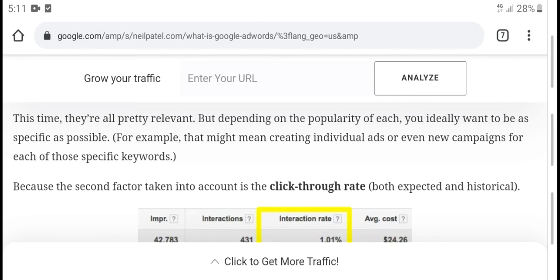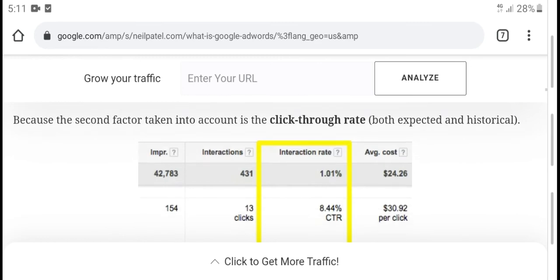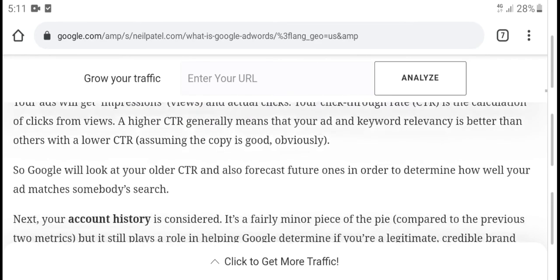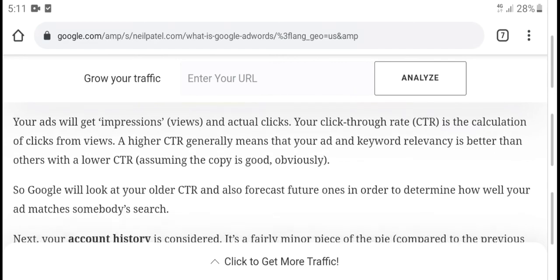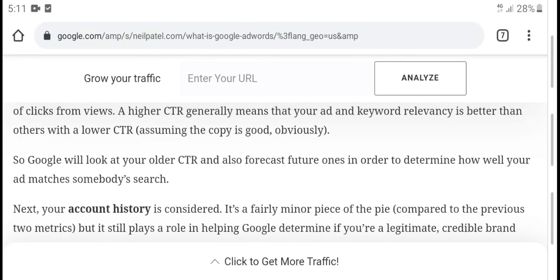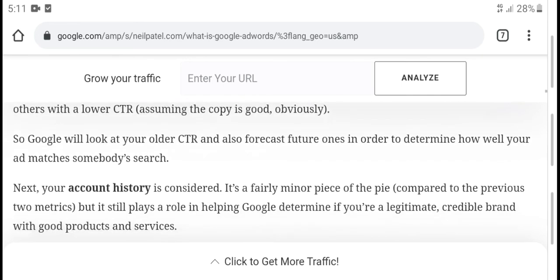For example, make main created individual ads of every basic sound and factor into account click that basic your ads impression views and active you click and target CTR, the calculation, and click a higher CTR correctly manage your ad keyword revenues and better.